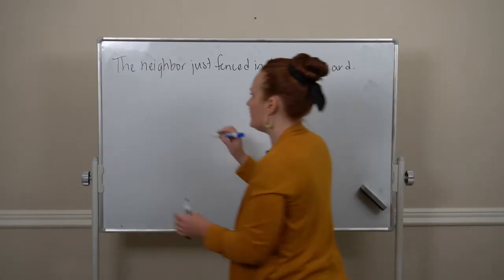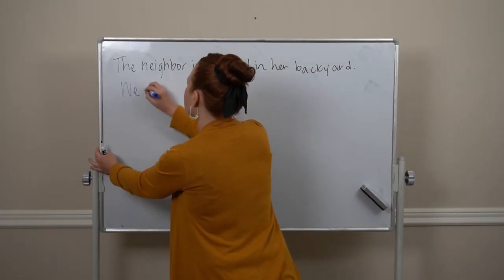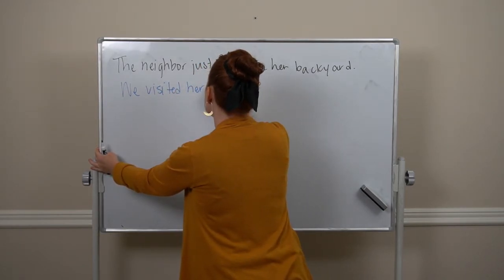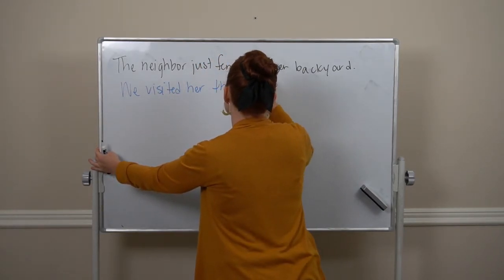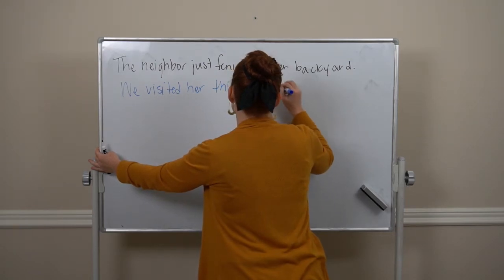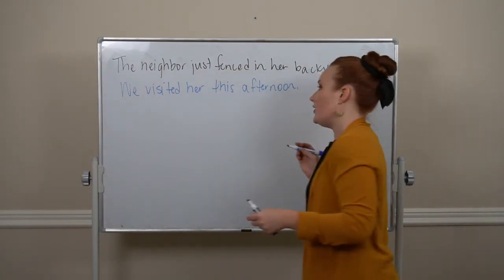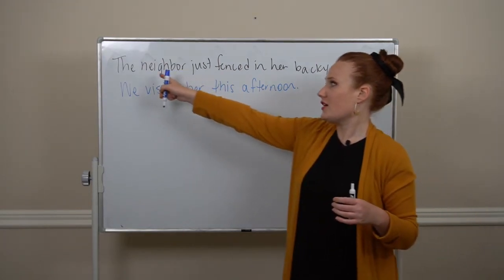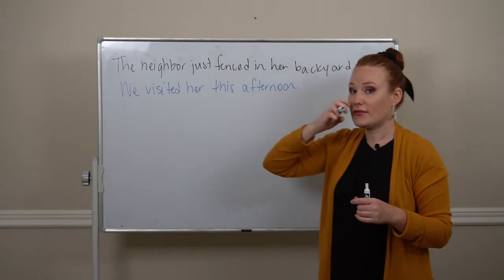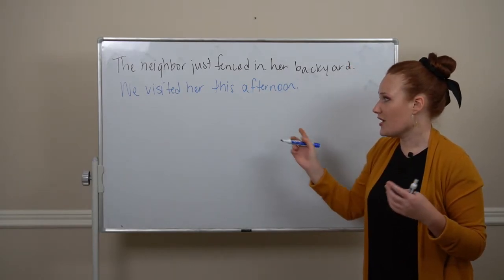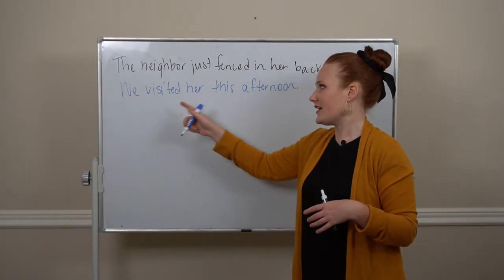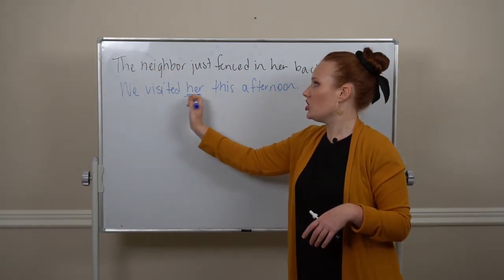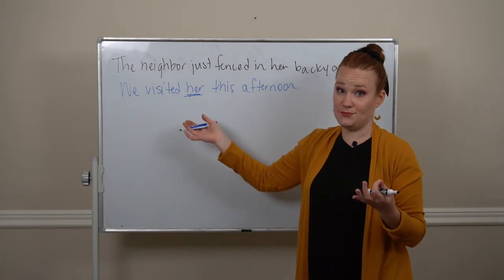We visited her this afternoon. So I want to use the second sentence as the relative clause to describe the neighbor. So first I figure out which word in the second sentence is the same as the neighbor. For us, that's her. The neighbor is her.